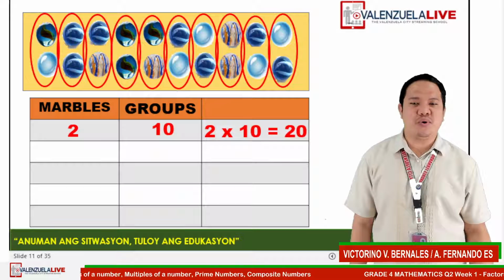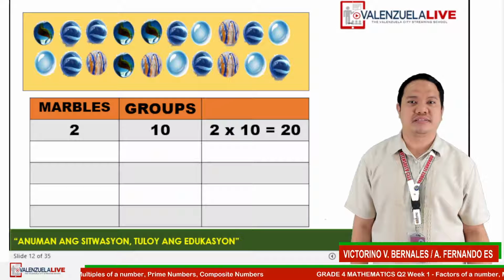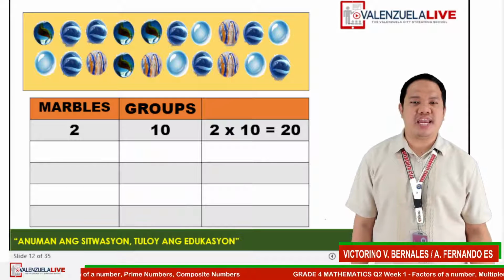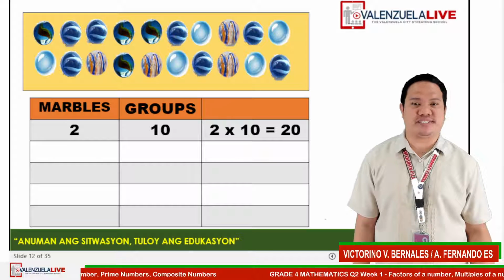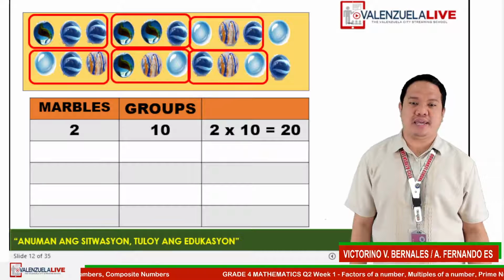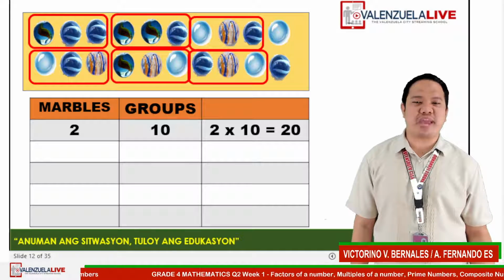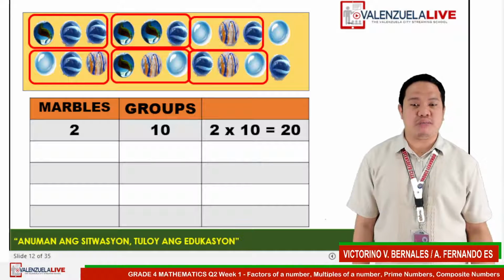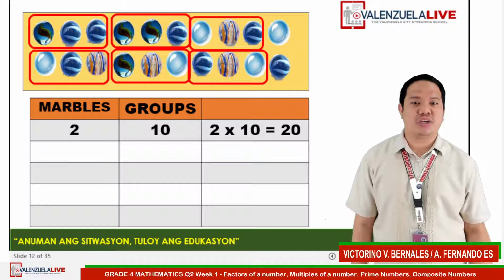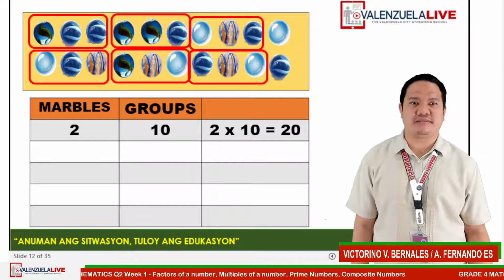And so, we are now sure that no marbles are left behind. Then let us group the marbles by 3s. How many groups of 3 can we make? What have you noticed? Yes, there are 2 remaining marbles. And when we multiply 3 and 6, we only get 18. Therefore, 2 marbles are left behind.